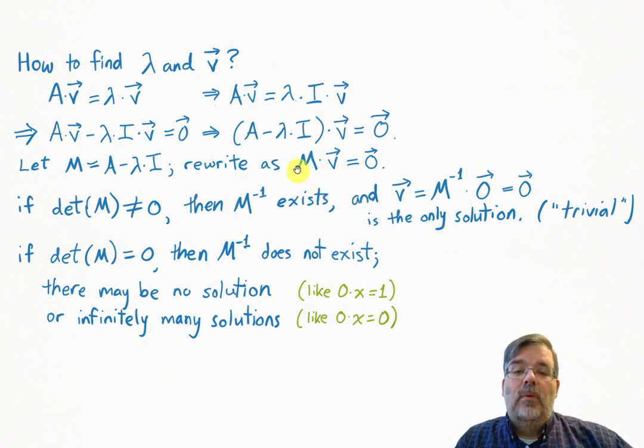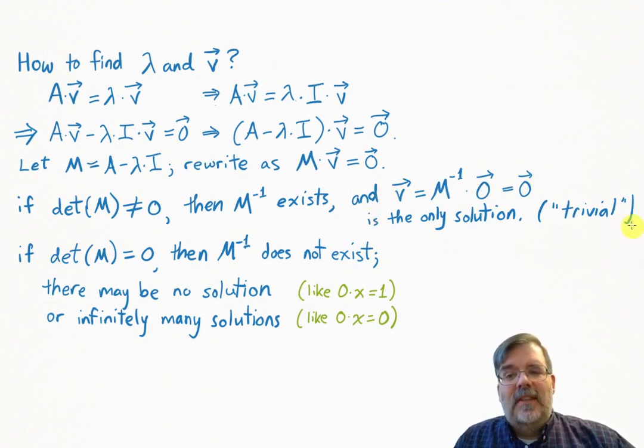In this case, we would multiply both sides of this equation by M inverse, and what we'd be left with is vector v equals M inverse times the vector of all zeros. But if you multiply anything times a vector of all zeros, that matrix vector product is going to give you a vector of all zeros. And that would be the only solution in this case.